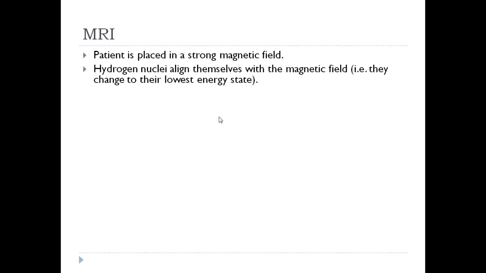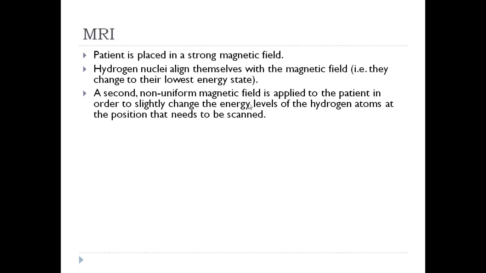So here's a summary explanation. We place the patient in a strong magnetic field. The hydrogen nuclei in the patient will align themselves with the magnetic field, so they mostly change to their low energy state. We then apply a second non-uniform magnetic field in order to slightly change the energy levels of the hydrogen atoms at the position that needs to be scanned.